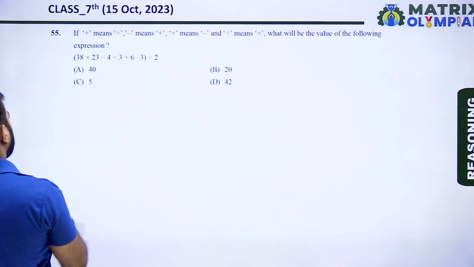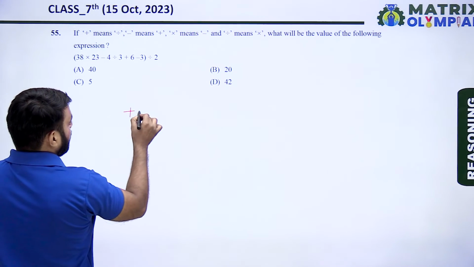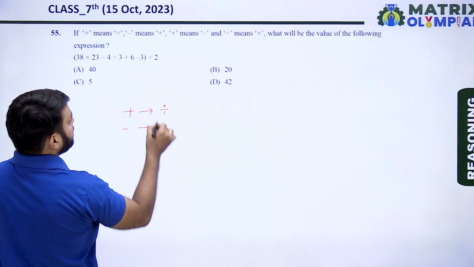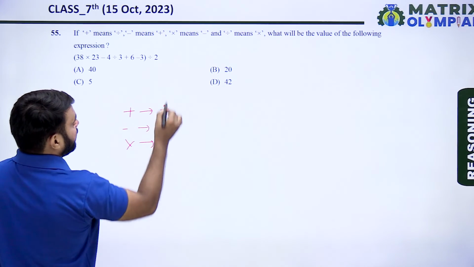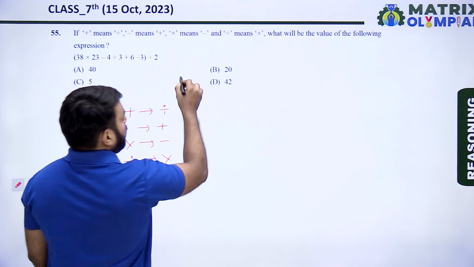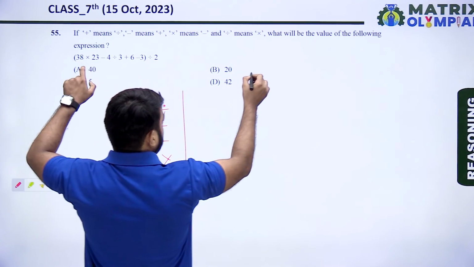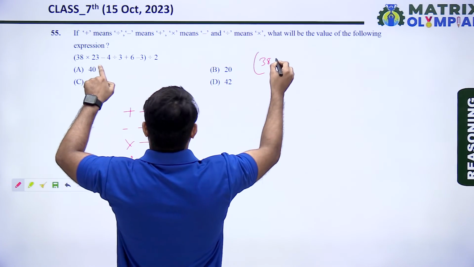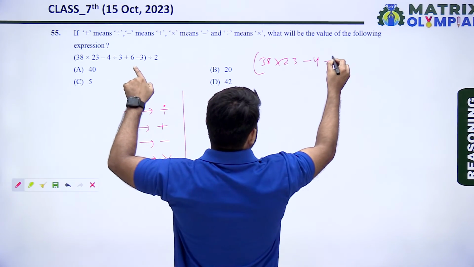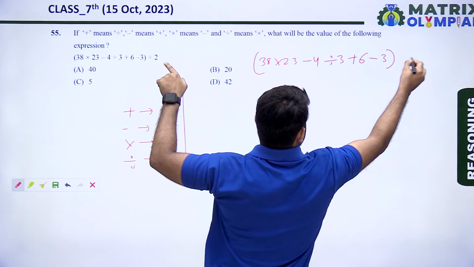So the next question is question number 55. If plus means divide, minus means plus, multiply means minus, divide means multiply, what will be the value of the following expression? So the given expression is 38 into 23 minus 4 divided by 3 plus 6 minus 3 divided by 2.